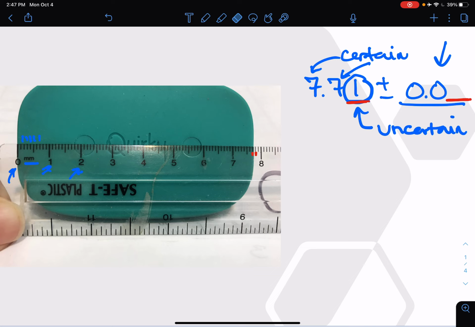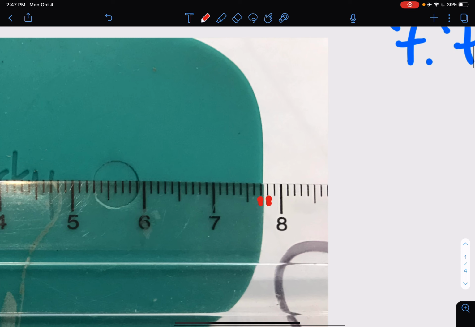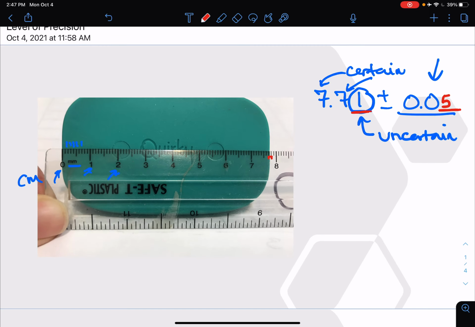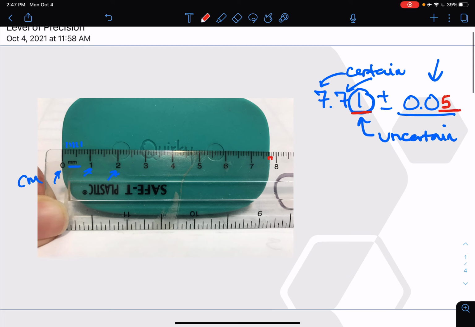I'm not super sure, so we'll just call it half of that. So halfway between those two numbers, since the distance between here and here is 0.1, is 0.05.